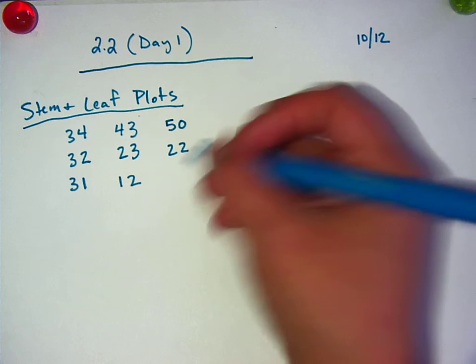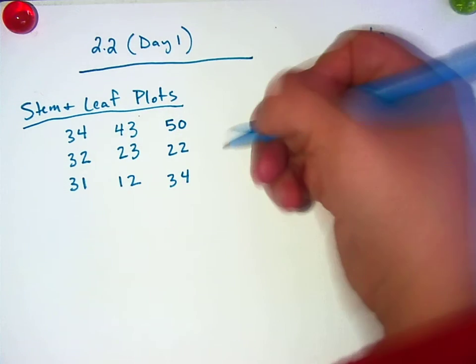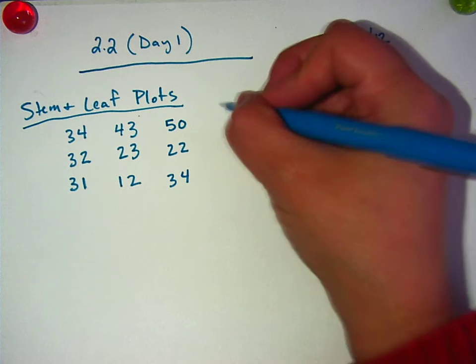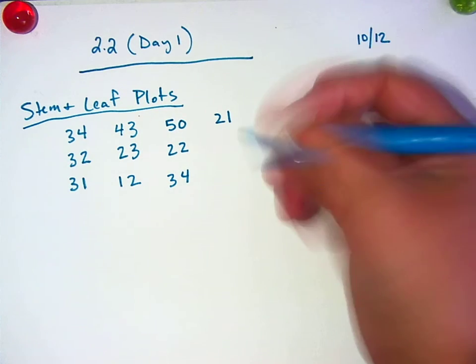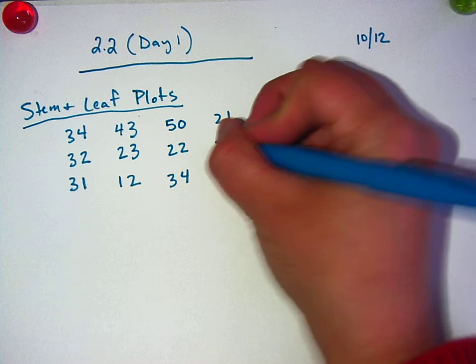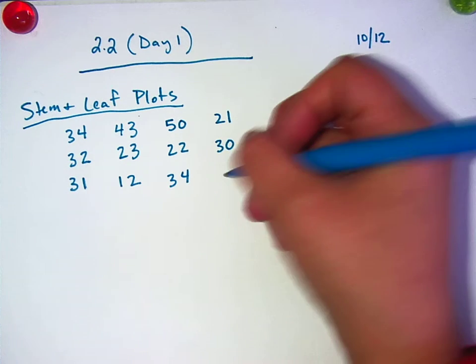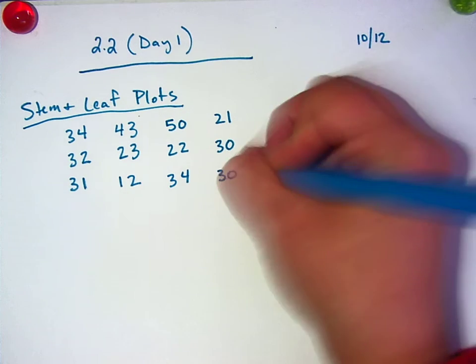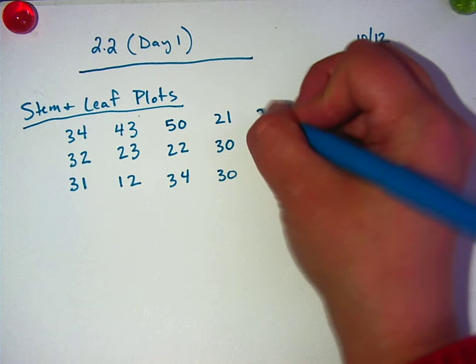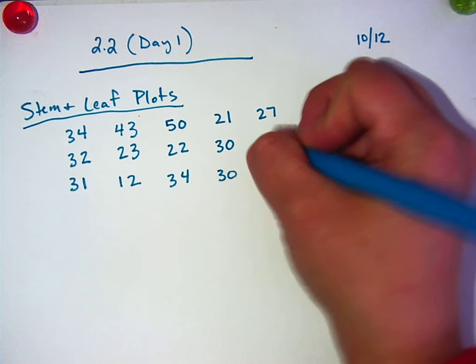Justin? 34. Chris? 21. Chris? 30. Jimmy? 30. Tyler? 27. Dayton? 21. Okay.